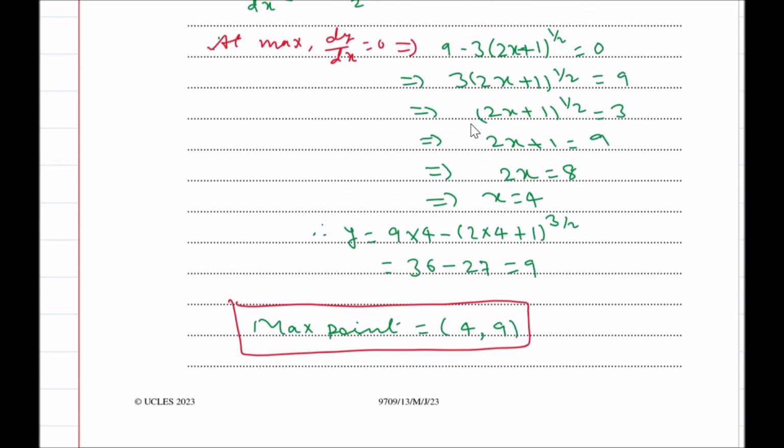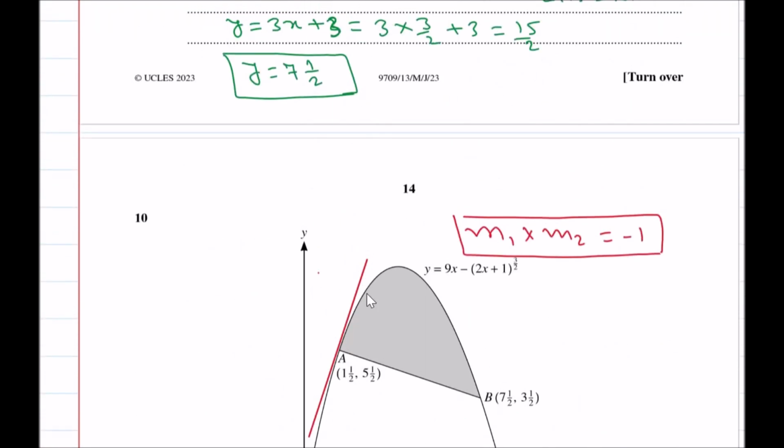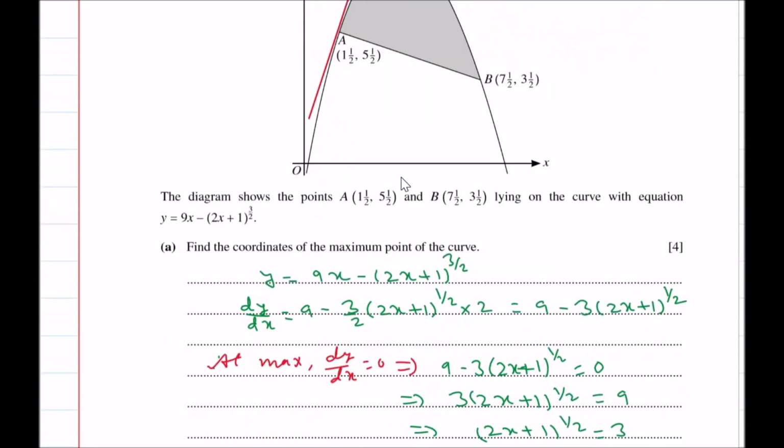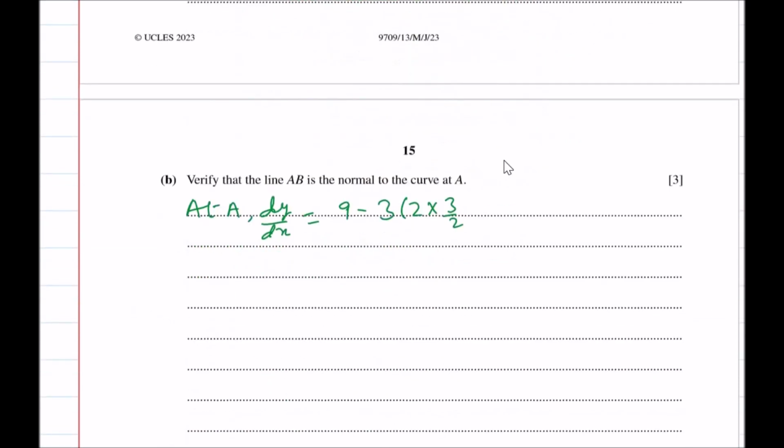Why 3 by 2? Because you can see here x coordinate of A is 1 whole 1 by 2, that is 3 by 2. So x value I am substituting here, plus 1 to the power half.